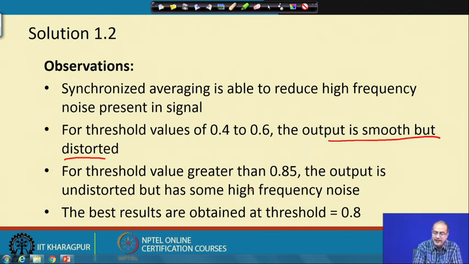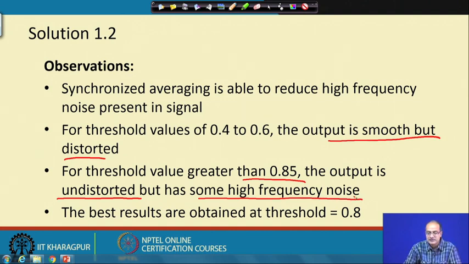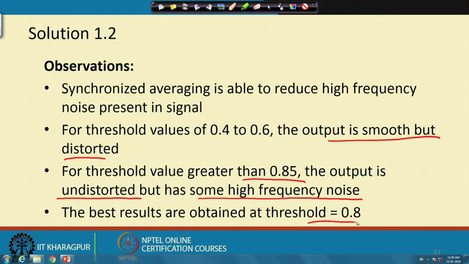With a threshold value above 0.85, we get an undistorted waveform, but some high frequency noise seems to be present, because the averaging is not complete, or there are fewer templates to average. So, the best result is obtained at threshold 0.8, and with that we conclude problem number 2 in tutorial number 1. Thank you.